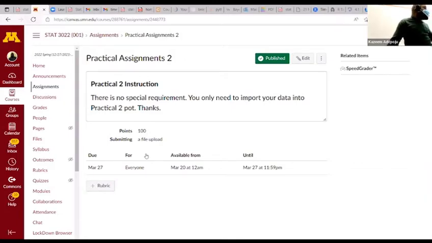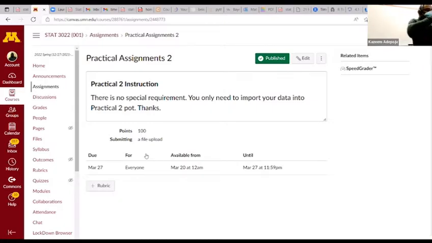Now we are on practical 2. What is the instruction? For practical 2, there is no special requirement. All I want is for you to import your data set into the practical 2 part.